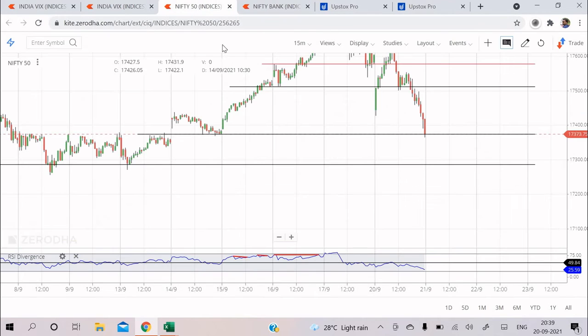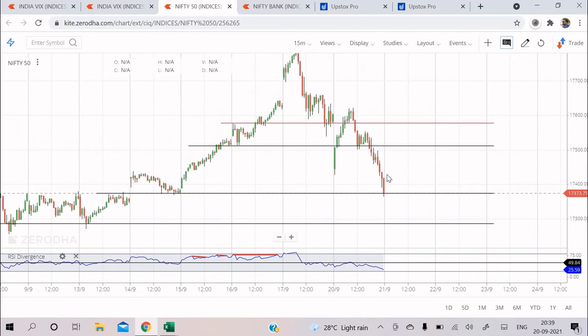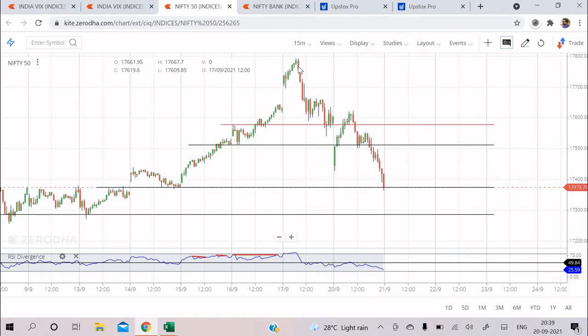Let's look at Nifty also. If you see Nifty, we saw heavy profit booking since yesterday. Today also we opened gap down and we filled the gap, and then we saw around 200-250 points downfall. Right now it has stopped at this particular level, which is around 17,370, and the immediate support is around 17,280.